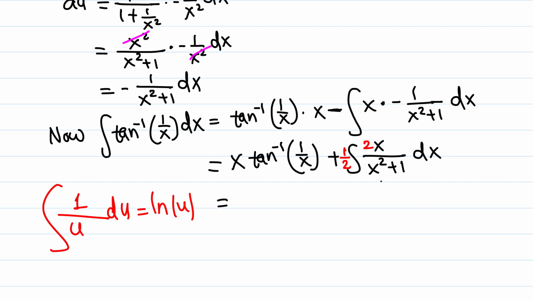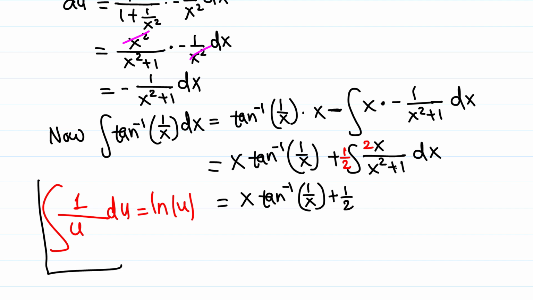So this one is then x tangent inverse 1 over x plus 1/2. Now when I multiply by 2 on the top, I pretty much prepare this formula: u on the bottom, its derivative with respect to x on the top. That means the antiderivative is natural log of the bottom.